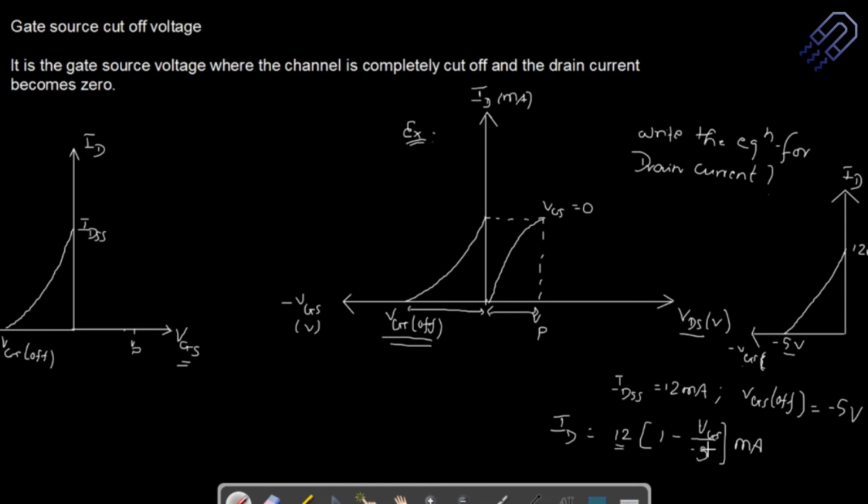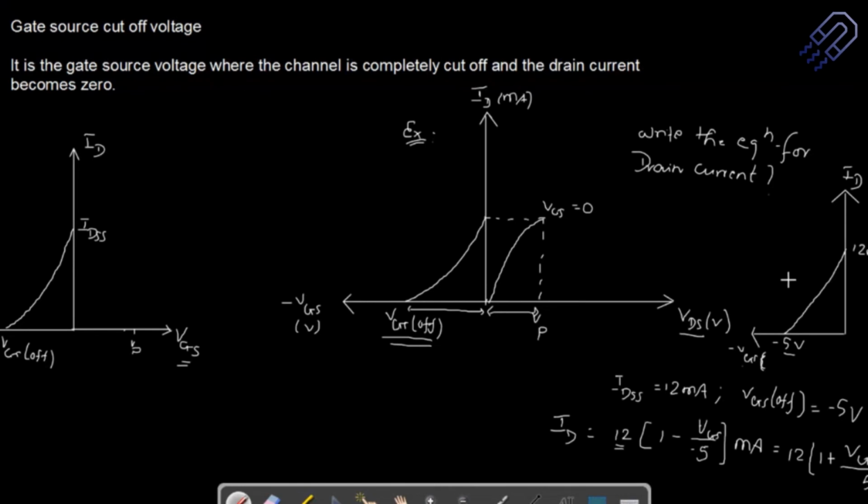This is voltage by voltage, so it is just a ratio of voltages and the unit doesn't matter, it is a unitless quantity, so I'll keep this as milliamps. So I can write the expression as 12 into 1 plus VGS divided by 5 milliampere.